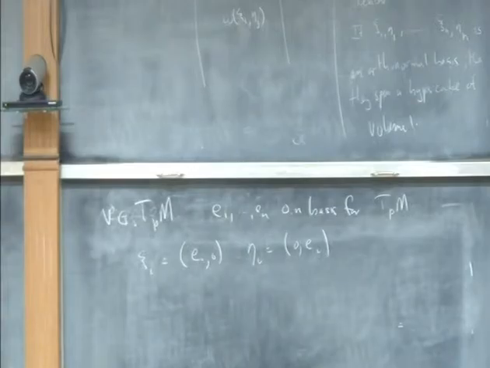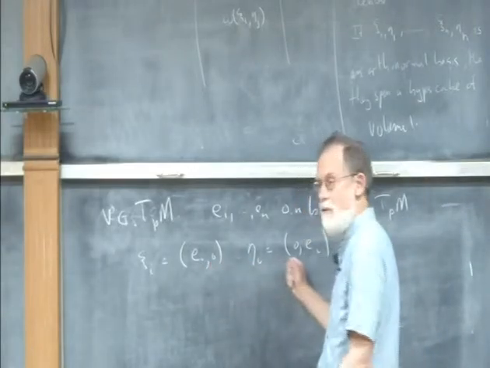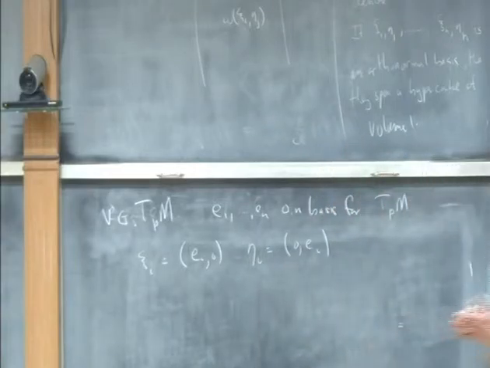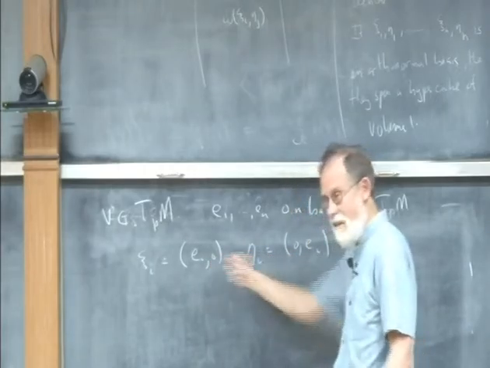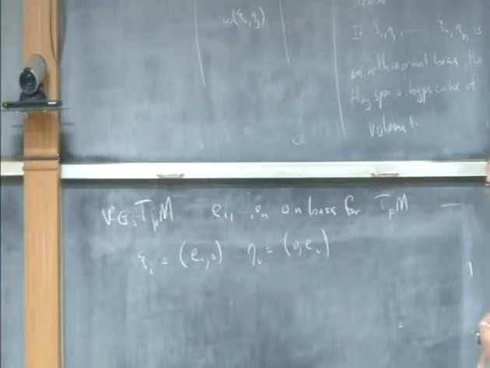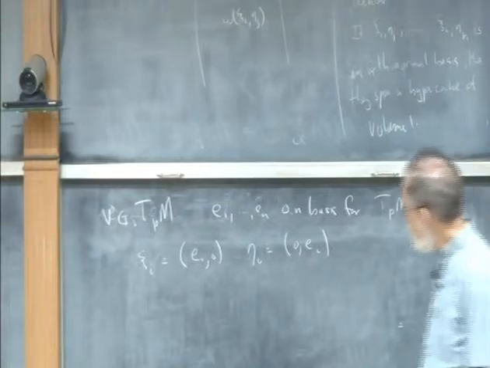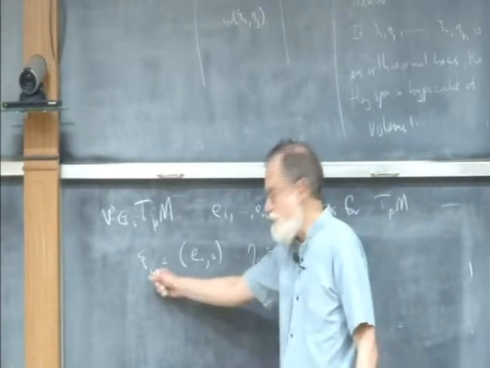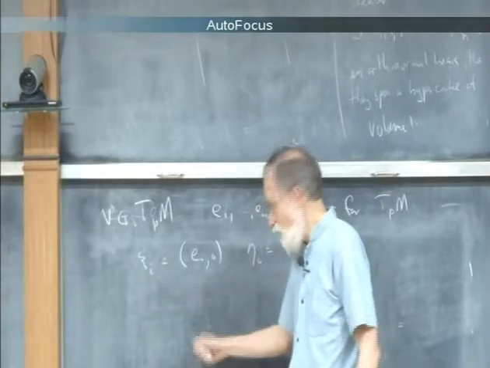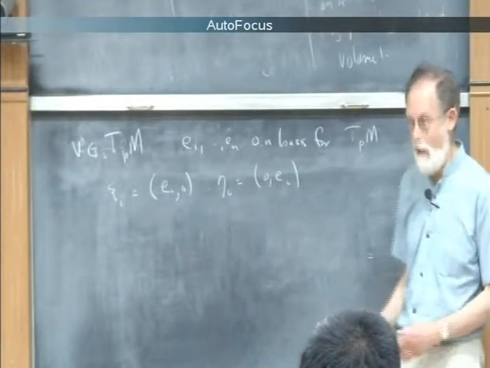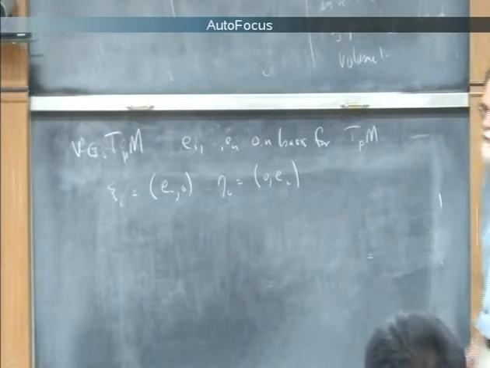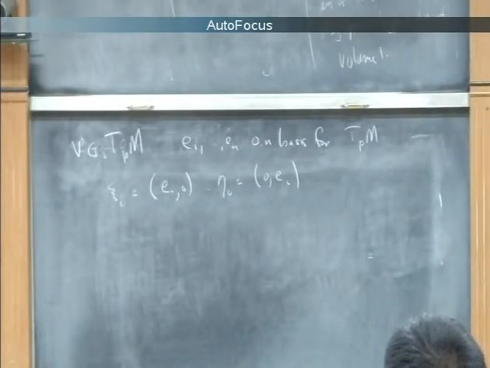If I do that, it's obvious that these are unit vectors in the Sasaki metric, and that the inner product of these vectors is 0. It's also obvious that if I take either of them for i and either of them for j, that they are orthogonal. So that gives me an orthonormal basis.